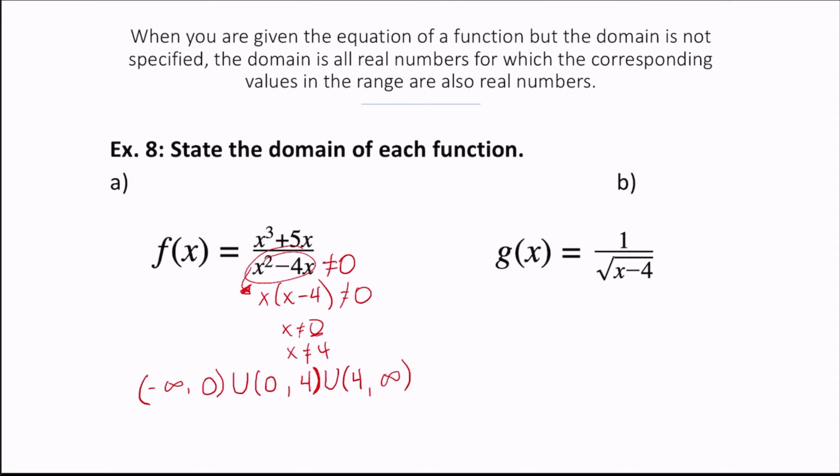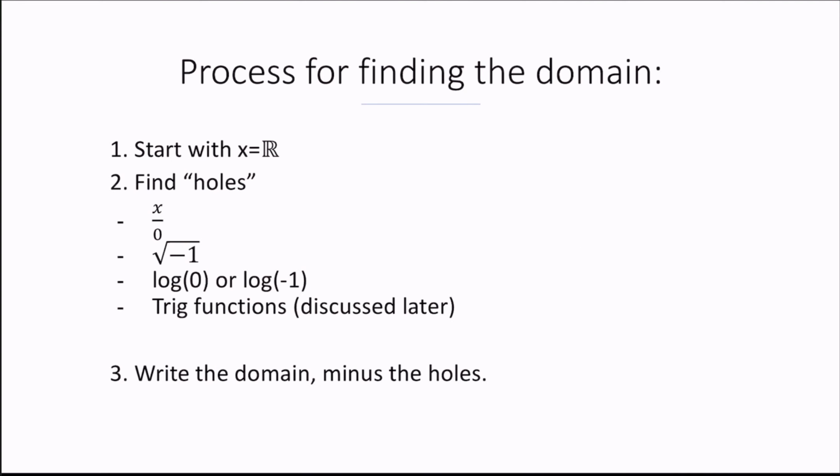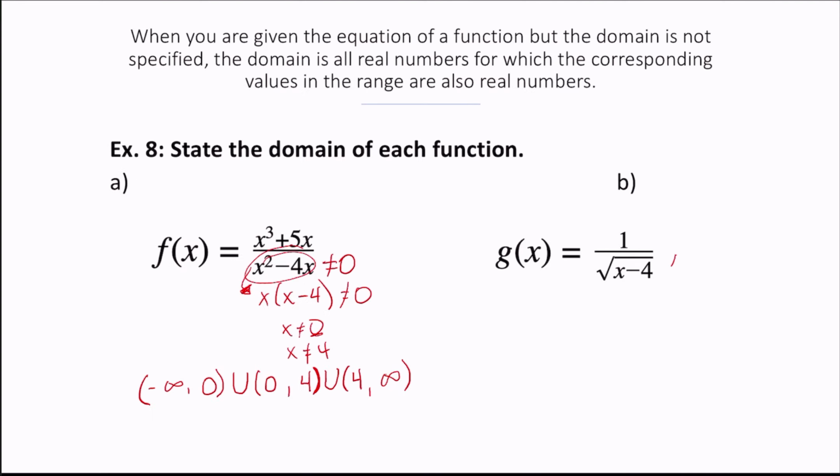In part B, g of x equals 1 over the square root of x minus 4. We know that the denominator can't equal 0. So the square root of x minus 4 can't equal 0, which means that x minus 4 can't equal 0, which means that x can't equal 4.